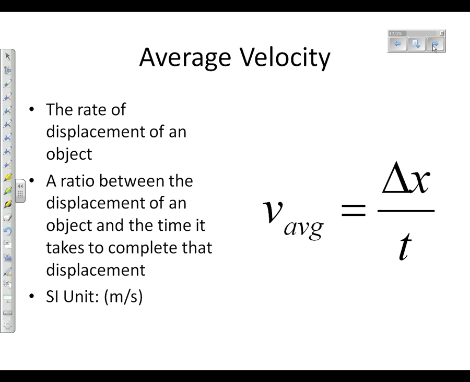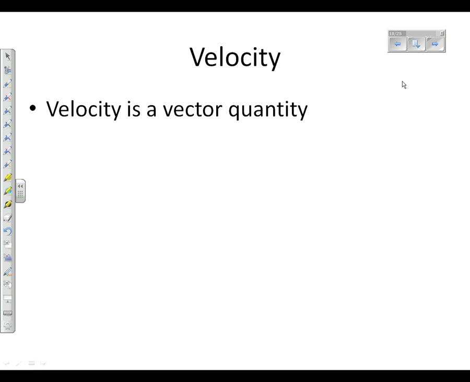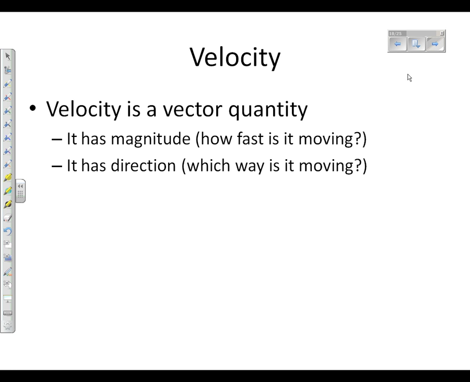One thing before we take off, I know time's getting really short, but I want to finish this part here. Okay? So last thing about velocity, well, not the last thing, but velocity is a vector quantity. And that means it has to tell us what? Magnitude and direction. In this case, the magnitude is going to represent what?